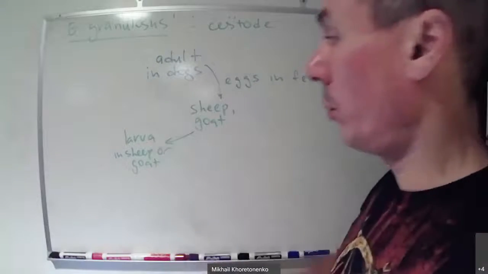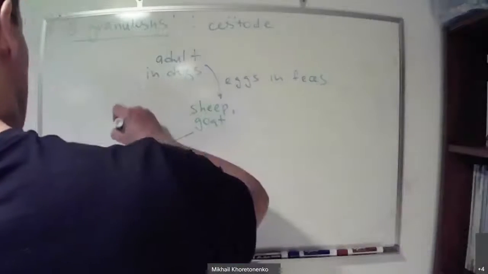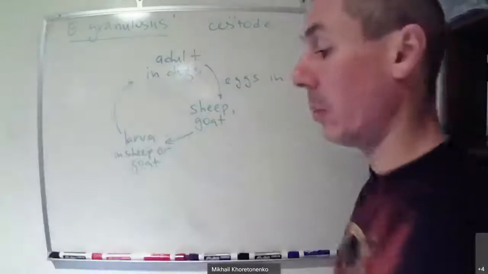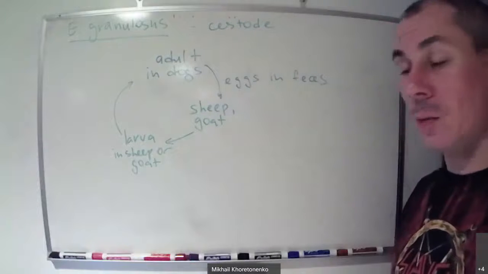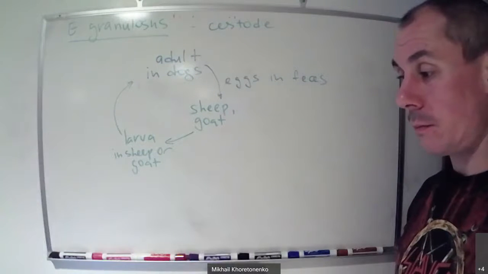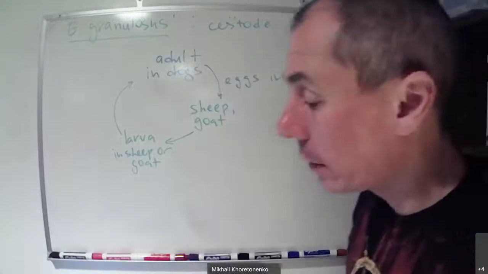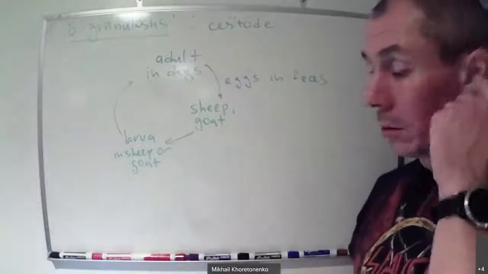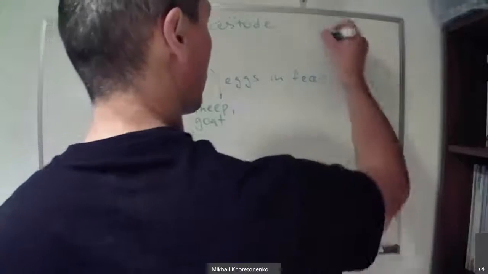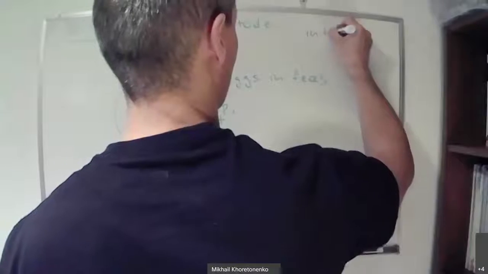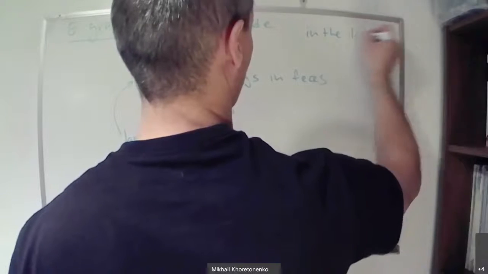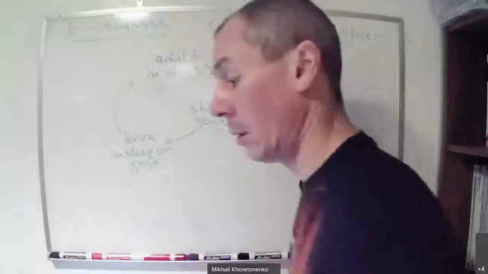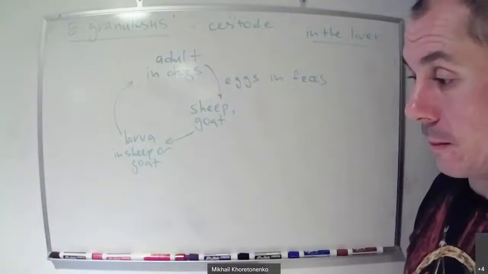So those dogs will basically consume larvae, and this larva will develop into the adult worm in the dogs. That make sense? So the main organ where Echinococcus granulosus develops is the liver. Okay?